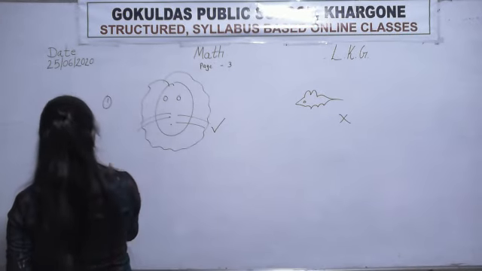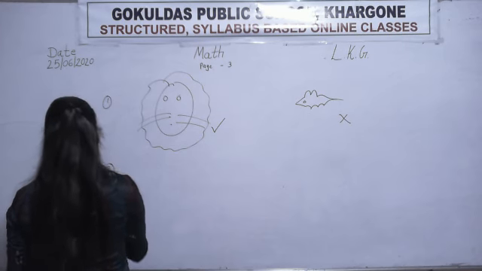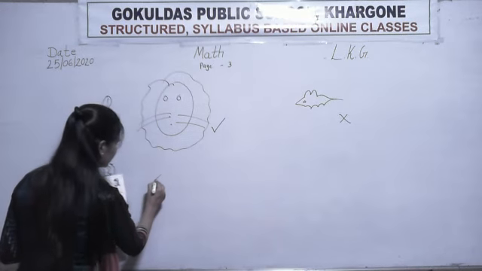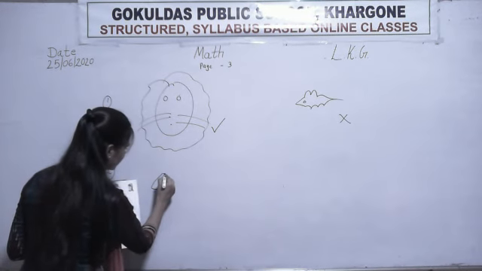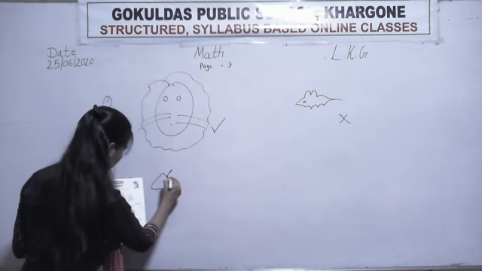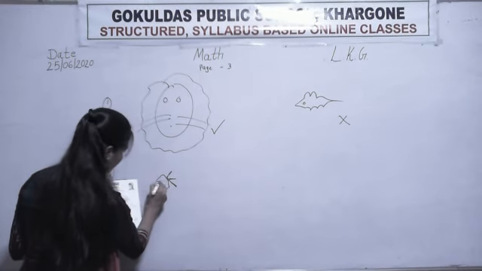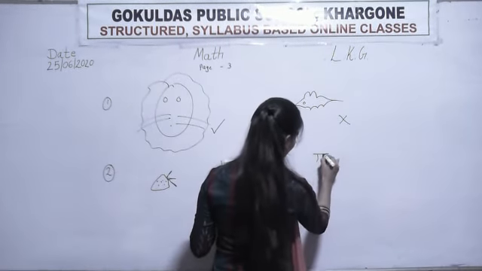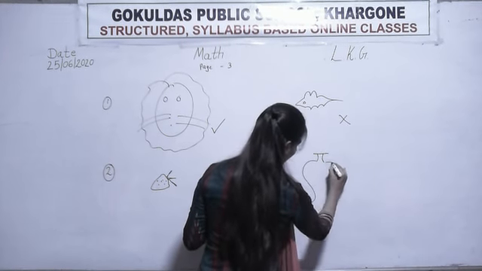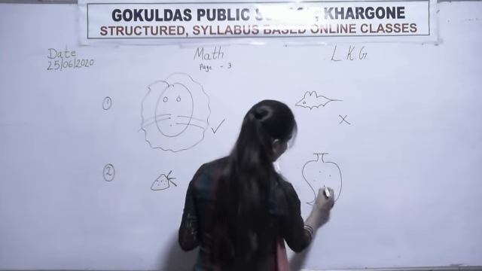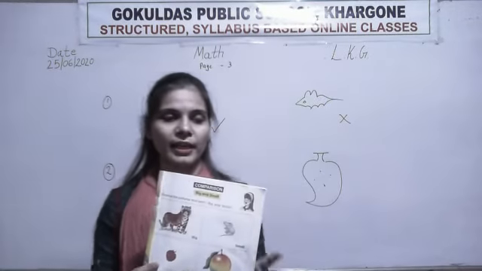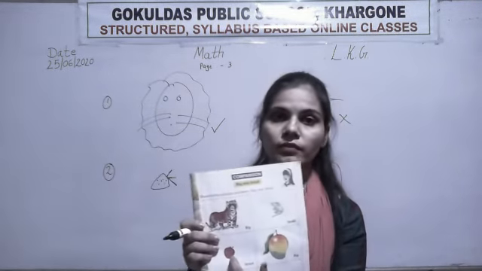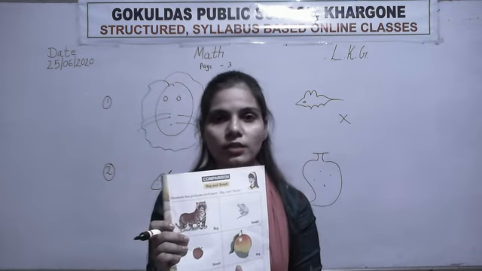Now the second example in your notebook is strawberry and mango. Okay, so which one is big and which one is small?